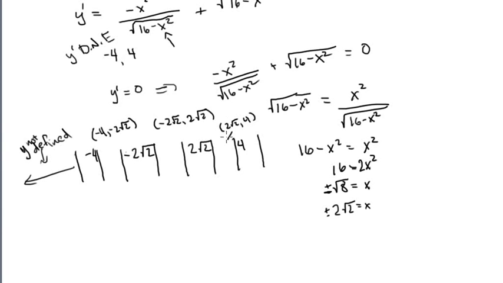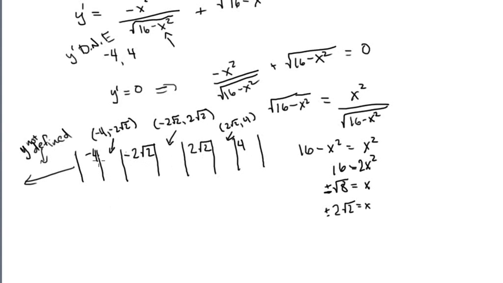So here's my 3 intervals. Here, here, and here. We want to choose a test point from each one of these intervals, and the sign of that test point will tell me whether or not the function is increasing or decreasing on that interval, because it has to be all of either increasing or all decreasing between critical points. My critical points being negative 4, negative 2 square root 2, 2 square root 2, and 4.